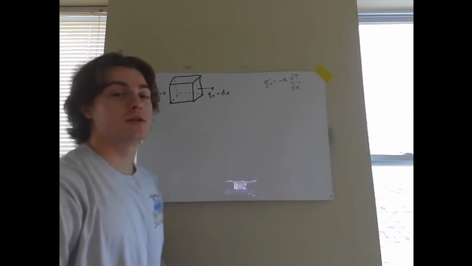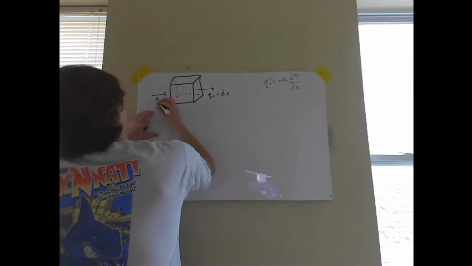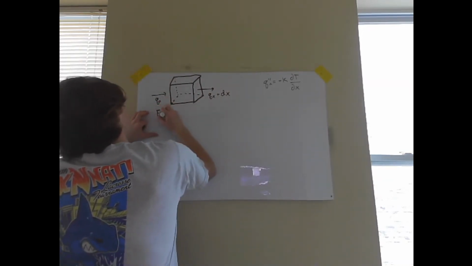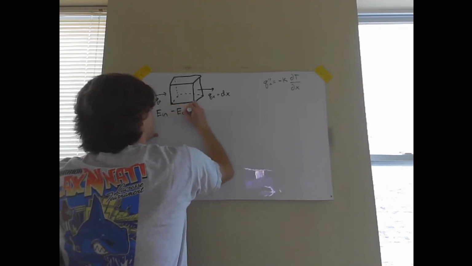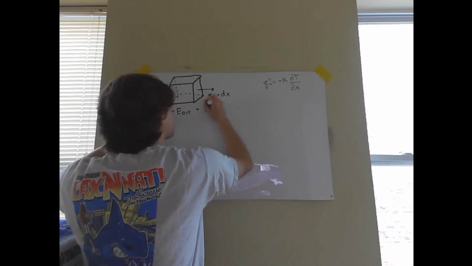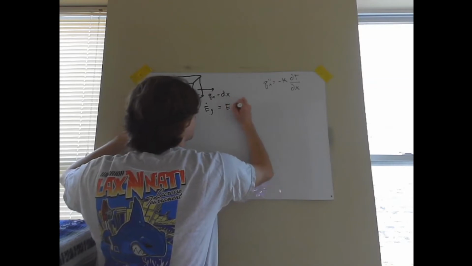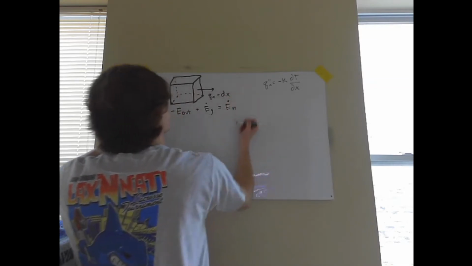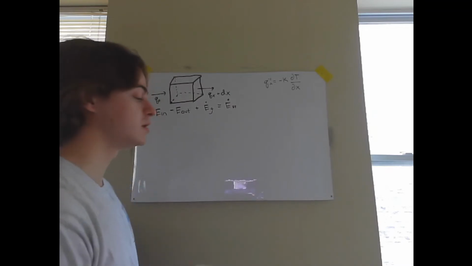I'm going to go ahead and just start with a basic energy balance. And so we'll have the energy into the cube minus the energy out of the cube plus the energy generation rate equals the energy storage rate. And then from here, I'm just going to start substituting terms into this equation.